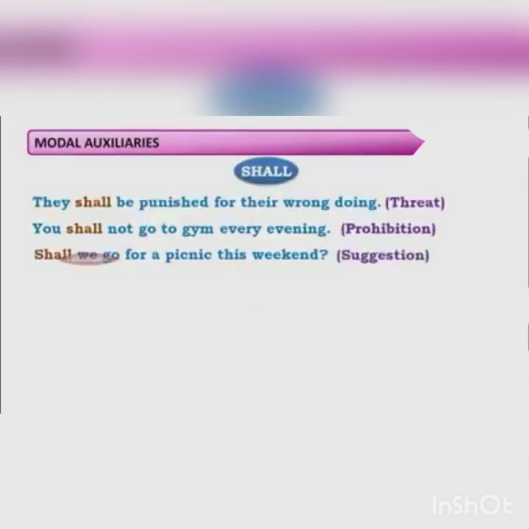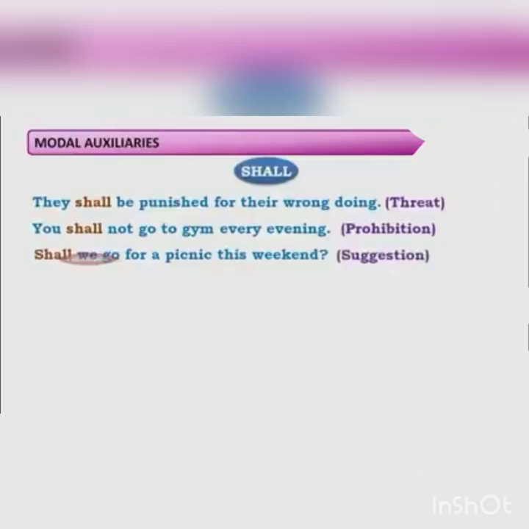Now next modal auxiliary is shall. They shall be punished for their wrongdoing. Here shall has the function of threat, forcing. You shall not go to gym every evening. Here it is prohibition. You are stopping someone from doing something.